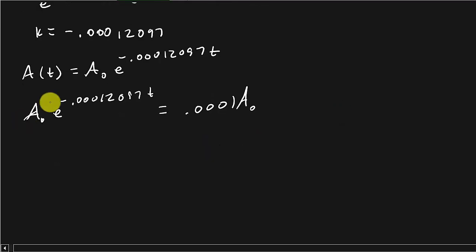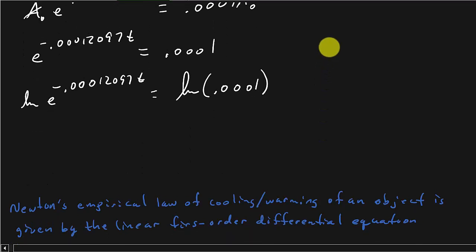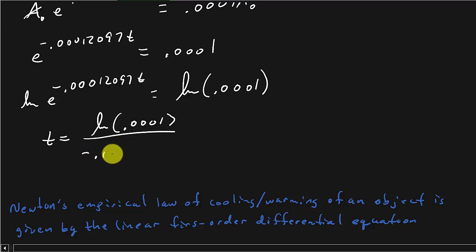Of course, those A naughts cancel out. e to the negative 0.00012097 t is 0.001, and we take the natural log of both sides. So t is equal to natural log of 0.001 over negative 0.00012097.